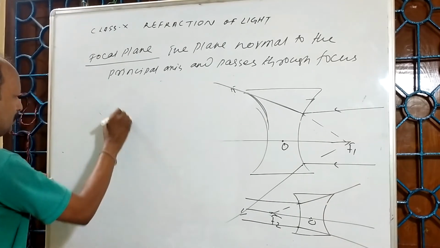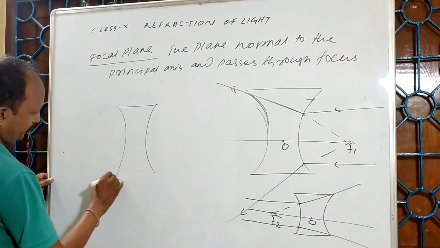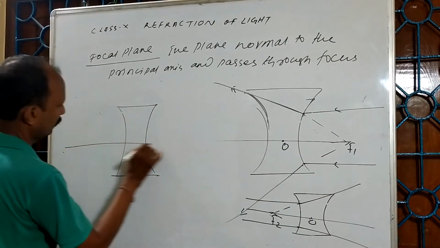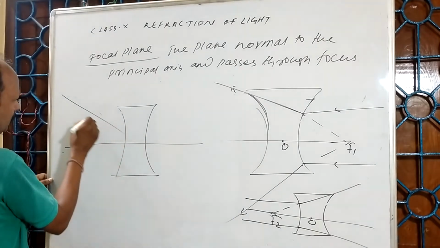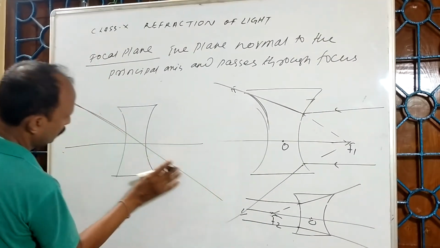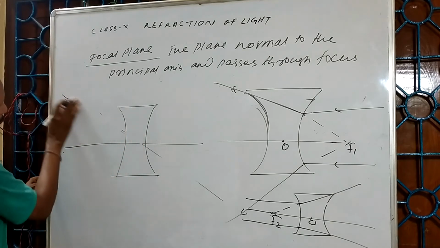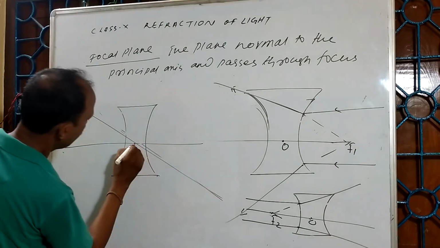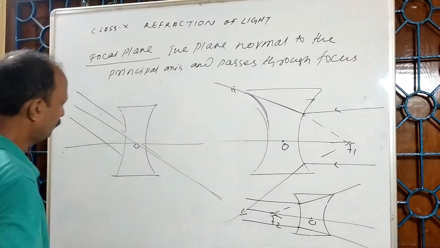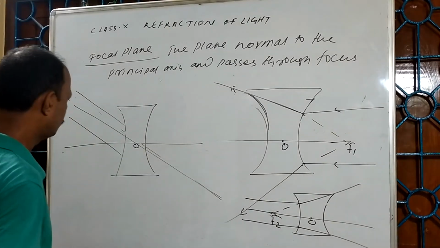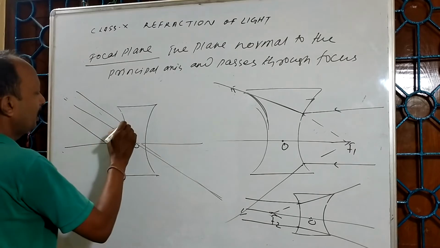What happens? See here. Suppose this is through the optic center. Like that, a number of rays are coming. Okay? So they will diverge.